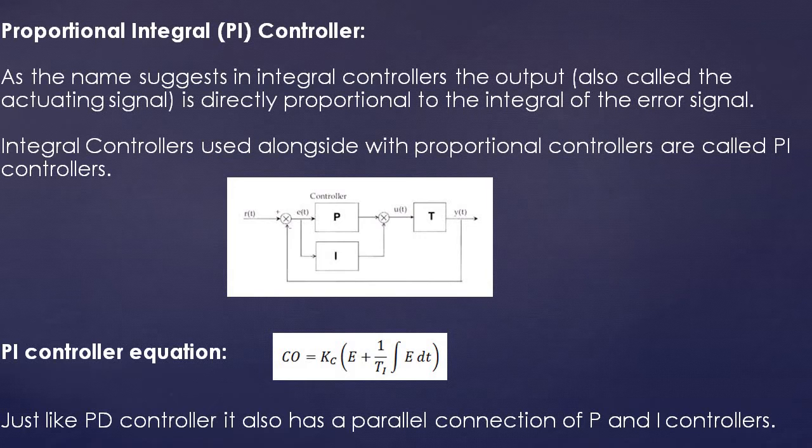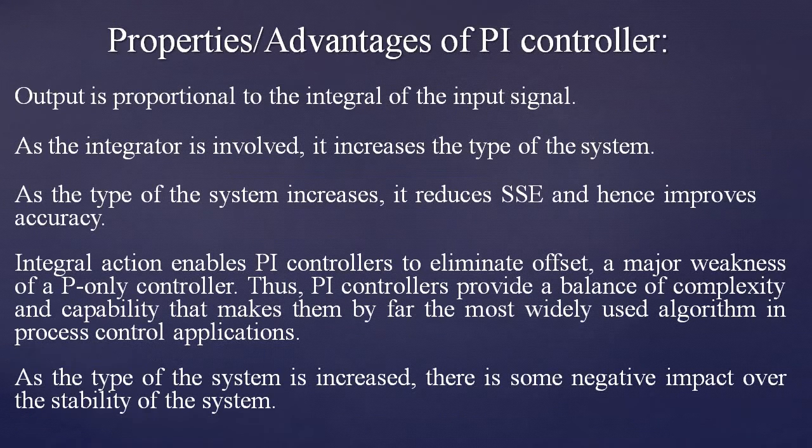Just like the PD controller, it has a parallel connection of P and I controllers. Then the properties and advantages of the PI controller. Output is proportional to the integral of the input signal. As the integrator is involved, it increases the type of the system.